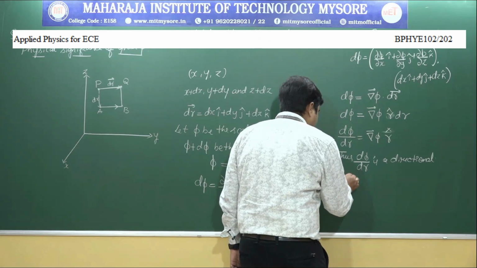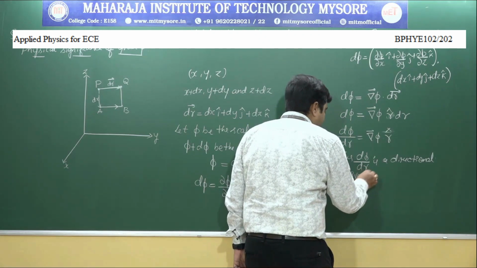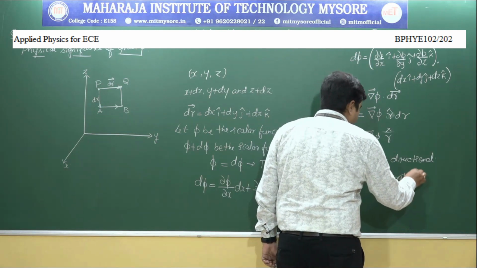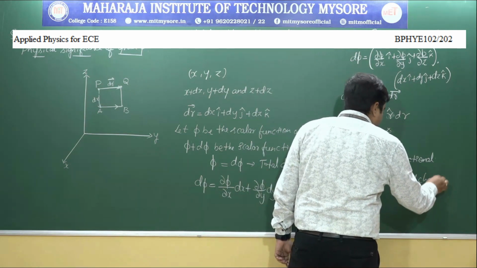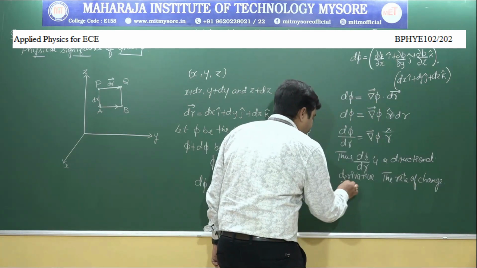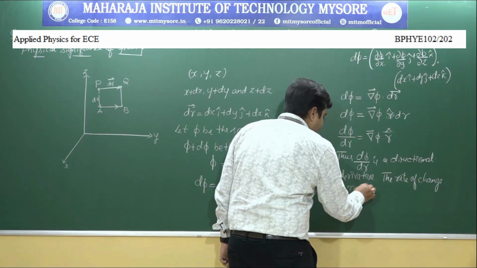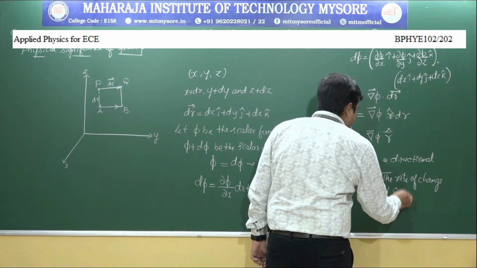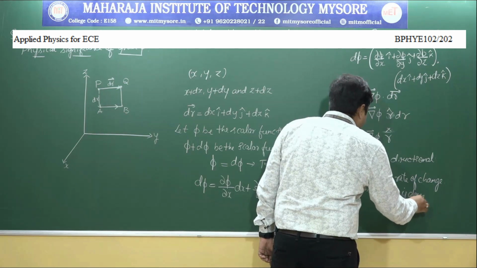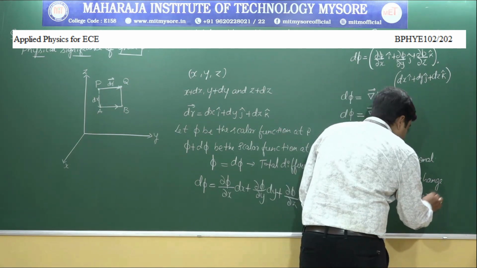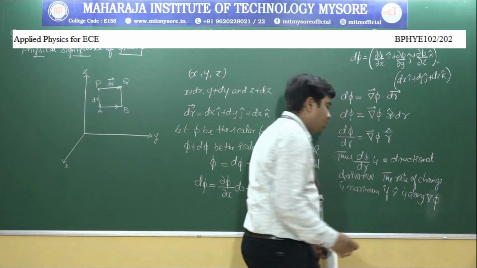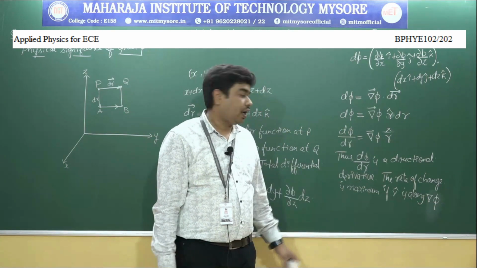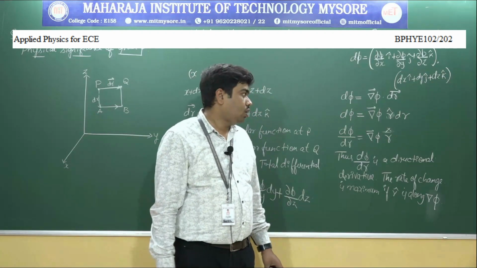directional derivative, and the rate of change is maximum if r cap is along del phi, or else we can say the rate of change is maximum if the angle between r cap and del phi is equal to 0.